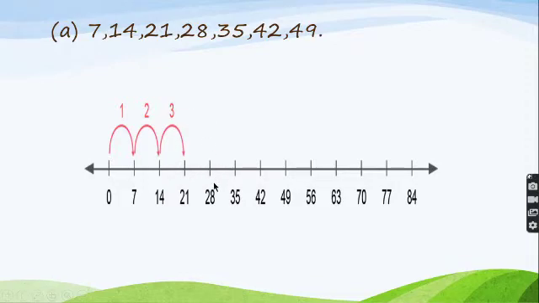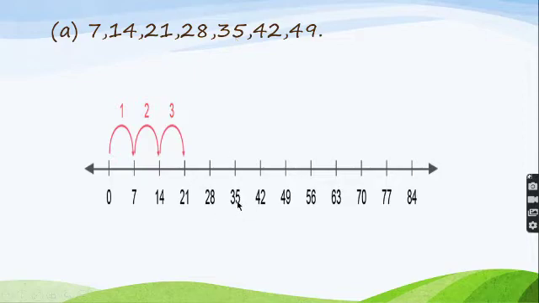So you land on 28, and you write 28 here in the missing numbers. Now when you start again from 28, you land on 35, because when you add 7 to 28, your next number will be 35. So you write 35 here in the gap.